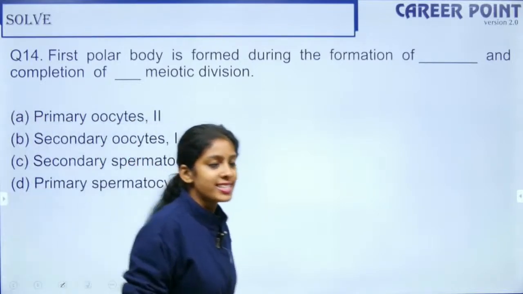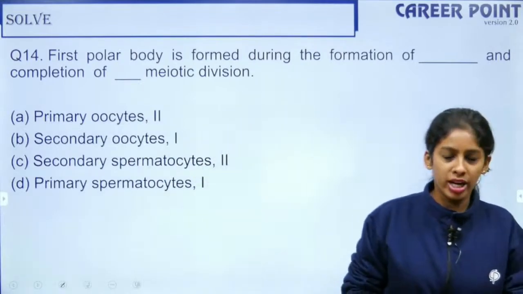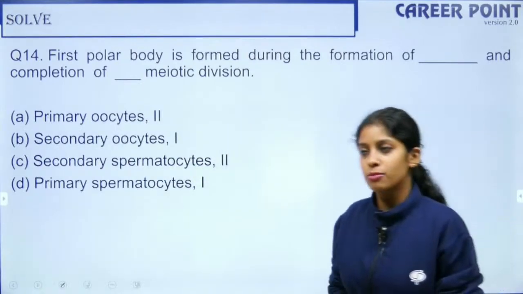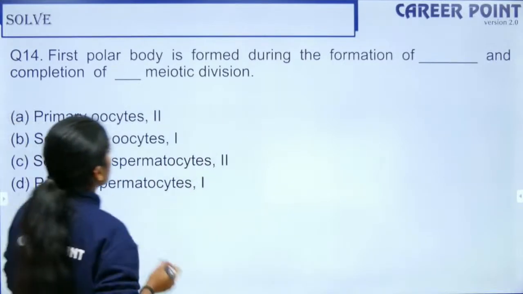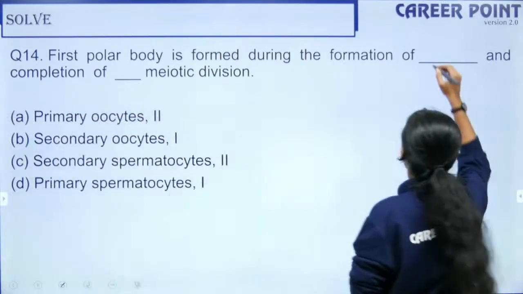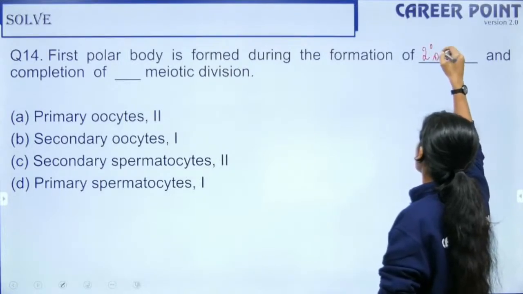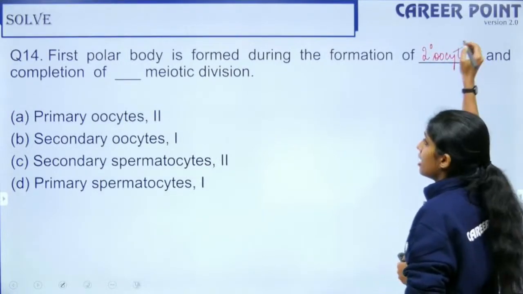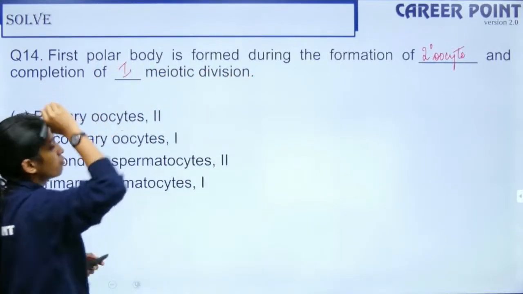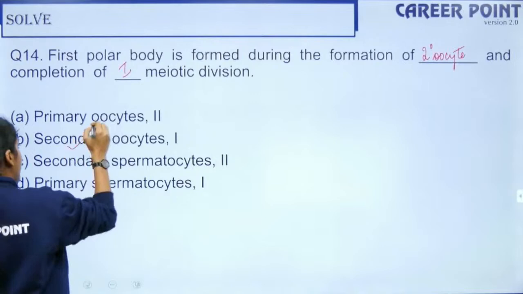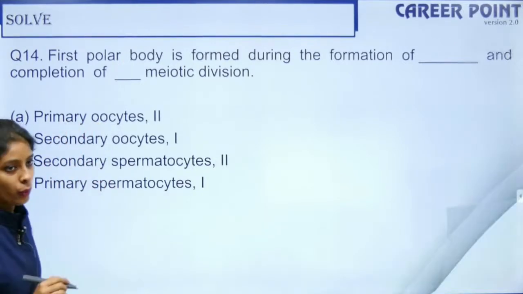According to NCERT, it is only 2 polar bodies. Let me go through the medical books that I have and I'll let you know exactly. Okay? Yes, so the first polar body is formed during the formation of your secondary oocyte, and it is during the completion of the first meiotic division. Yes, Shimpi, absolutely right. Very good.